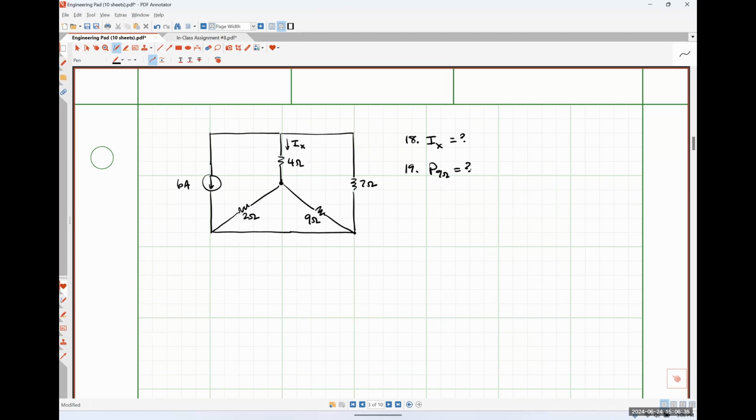So as Riley suggested, we're going to approach this using current division. So IX would be, let's see, we want the current that's flowing through the branch that contains the 4 ohm resistor in series with the parallel combination of 2 and 9.